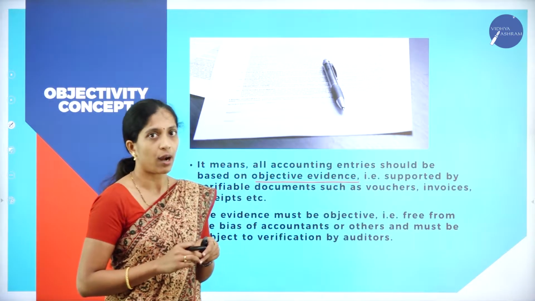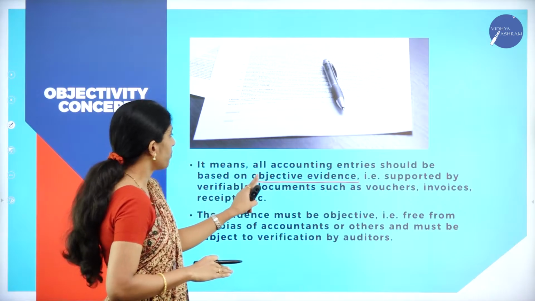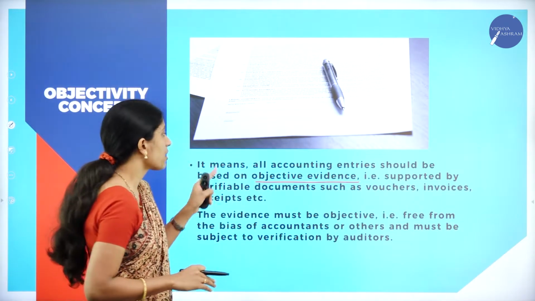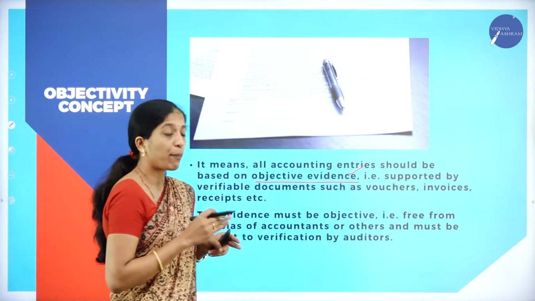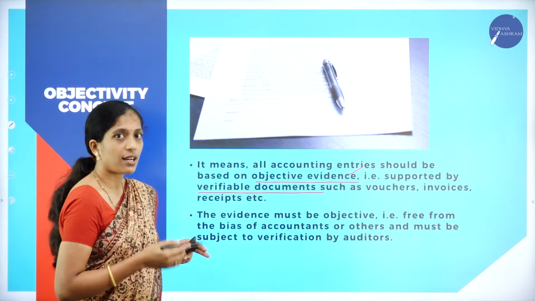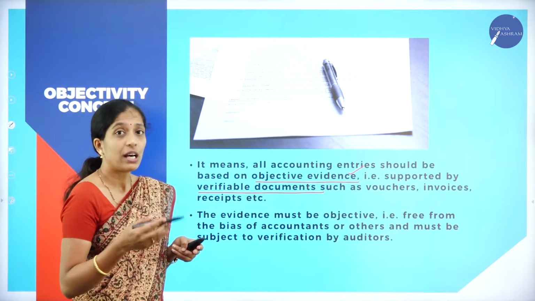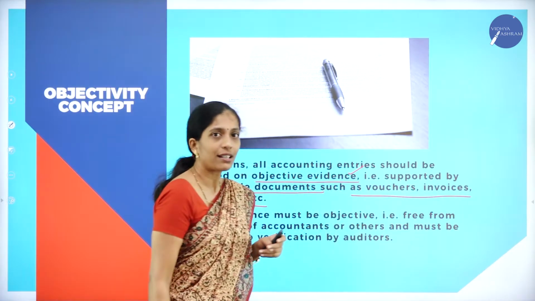The objectivity concept says that entries should be supported by a verifiable document such as vouchers, invoices, cash memos, or receipts. Everything should be there in order to record the transaction.